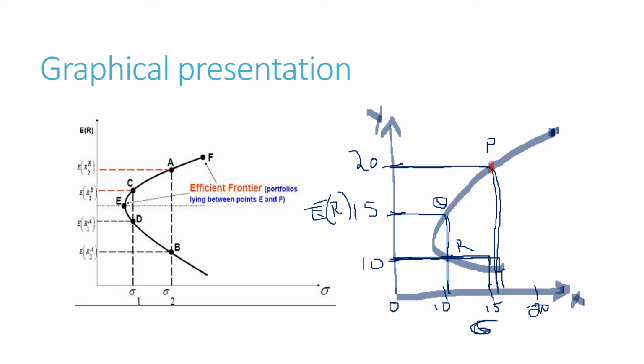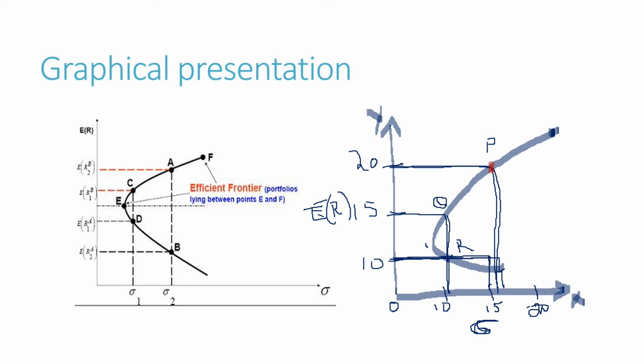This is a boundary, and beyond this boundary line the portfolios cannot be attained. Below this boundary line, the portfolios present are called inefficient, because the level of risk is more and the returns are lesser.